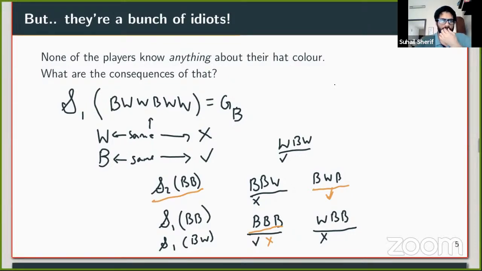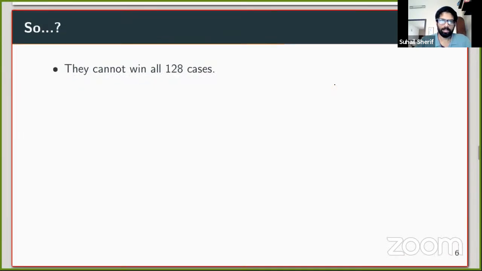Okay, so now we have these nice statements about the number of correct and wrong guesses, and we're going to use them. I'm going to claim that they cannot win all 128 cases. The logic is simple. If they've won all 128 cases, that means in each case somebody has guessed correctly.